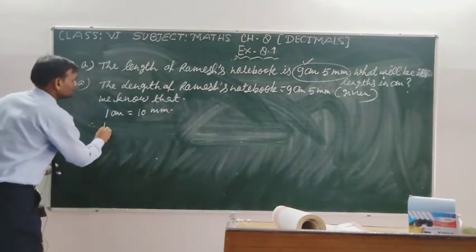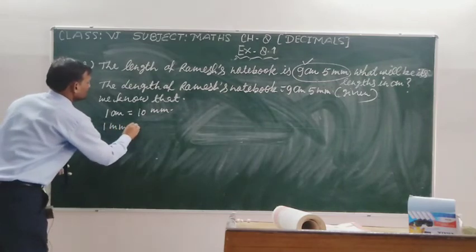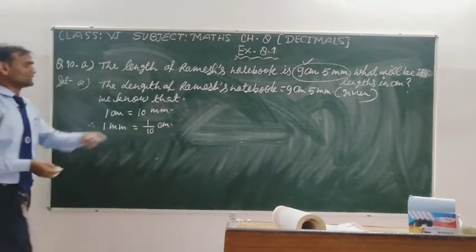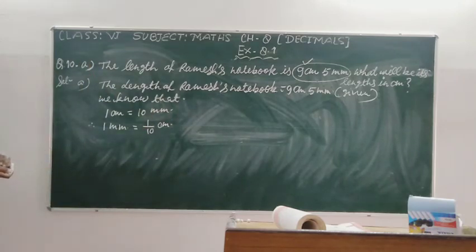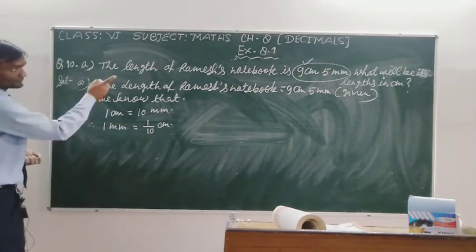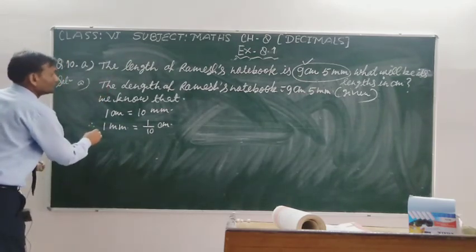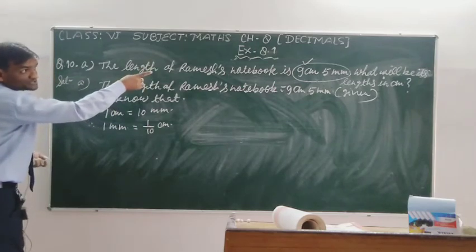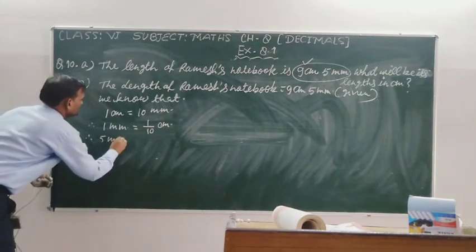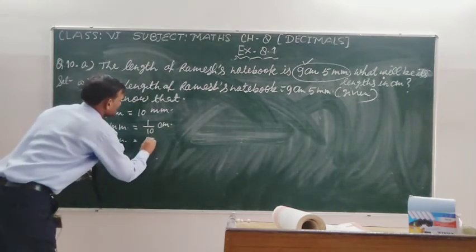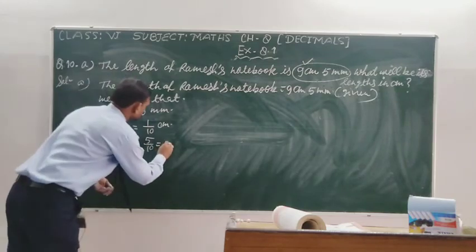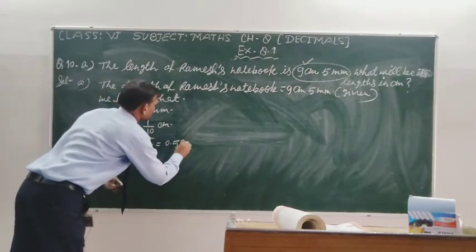So 1 millimeter is equal to 1 upon 10 centimeter. We need to change the 5 millimeter into centimeter. So 5 millimeter is equal to 5 upon 10, and when you divide 5 by 10 you get 0.5 centimeter.